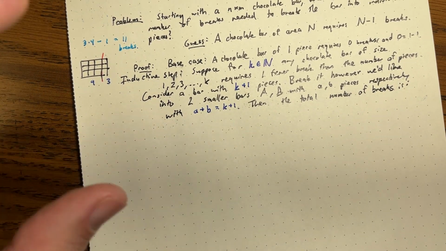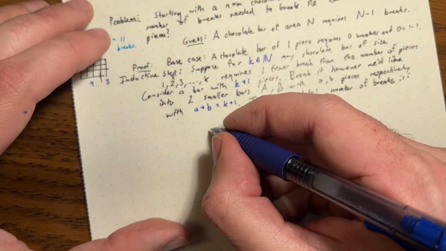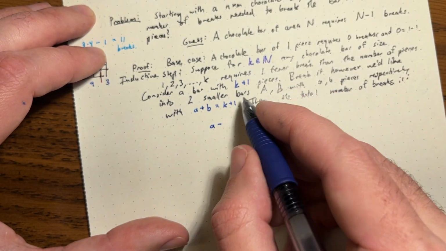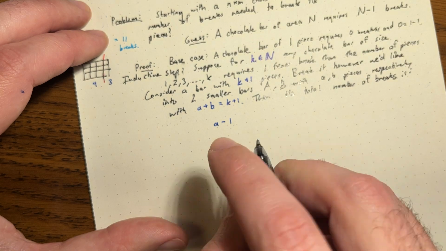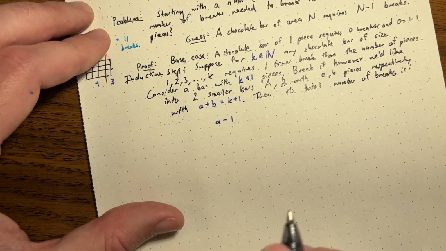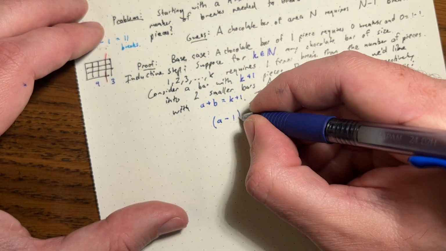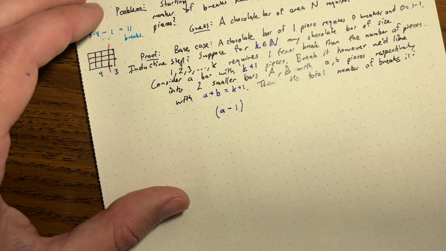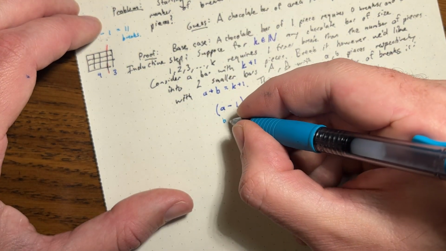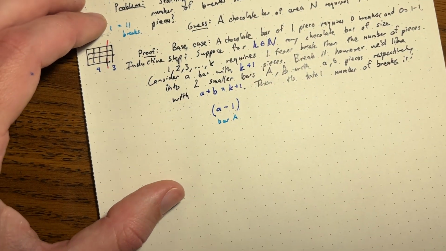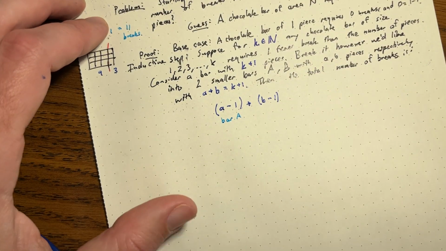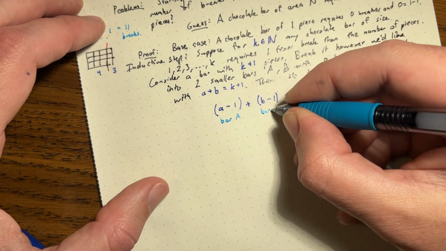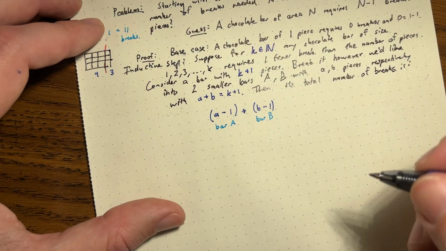So I've got my chocolate bar A. We're assuming, because that's some number between 1 and k, it's definitely less than k plus 1, that it takes a minus 1 breaks. That's our assumption in strong induction. So this is the number of breaks for bar A. And bar B, similarly, will take b minus 1 breaks, again, by our inductive hypothesis.